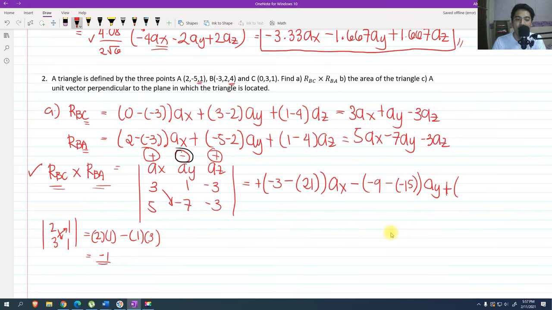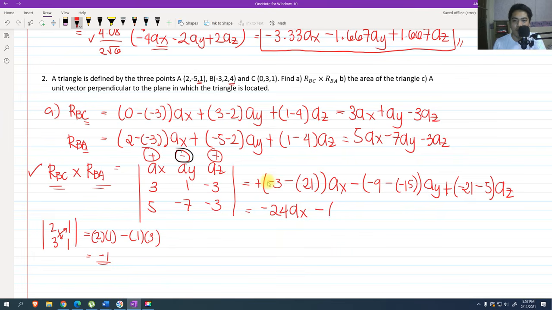We have negative 3 times negative 7, that is 21. And then 5 times 1, minus 5. That's the determinant, minus 5, for A sub z. That's the formula for the determinant. That's why we have minus for the other diagonal.